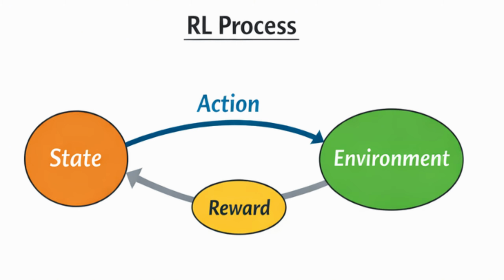This continues on and on so the model sees, based upon my initial state and the action I took, in this case moving the cart to the right, I got this result. Either the pole is standing up still or it has fallen over. And based upon that, it's going to give a reward.